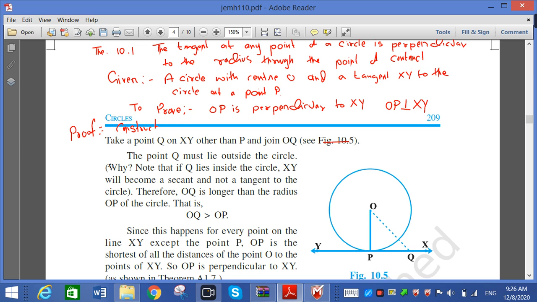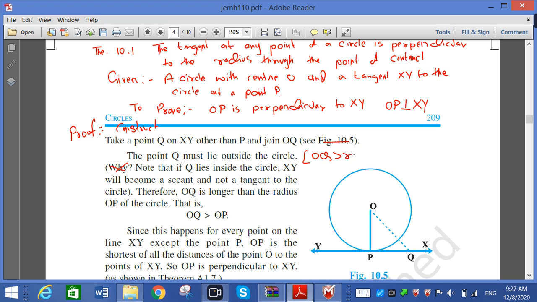The question is why. Note that if Q lies inside, then XY will become a secant and not a tangent to the circle. Here point Q must lie outside the circle because OQ is greater than the radius. That is why it is outside.